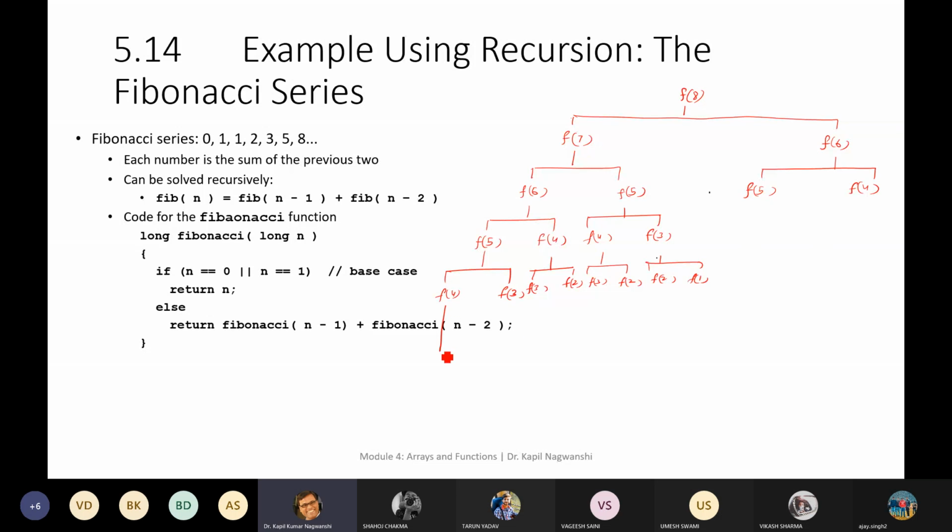Then coming here, this is F3 and F2. This is F2 and F1. This will be F2, F1. This will be F1, F0.